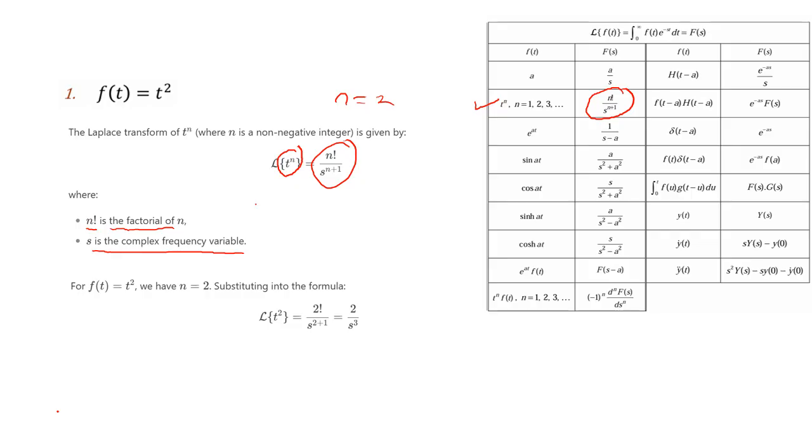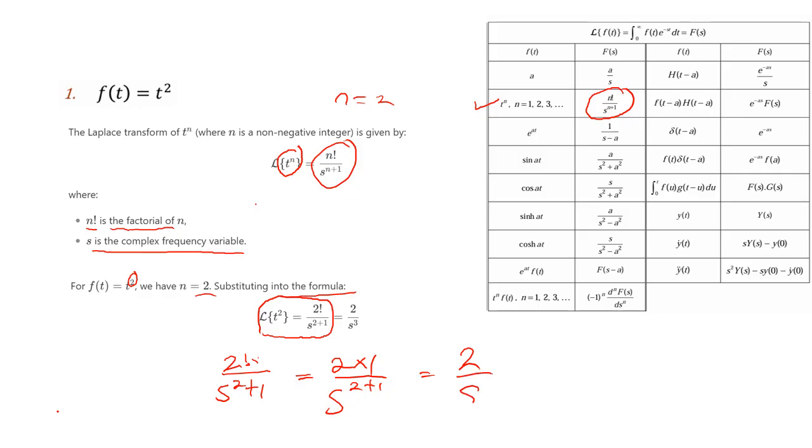As we know that n is equal to 2, substituting into the formula, we get 2! divided by s^(2+1). This will give you 2 times 1 over s cubed. So the final form will be 2/s^3. That will be the answer.